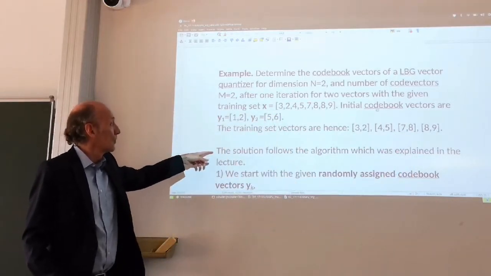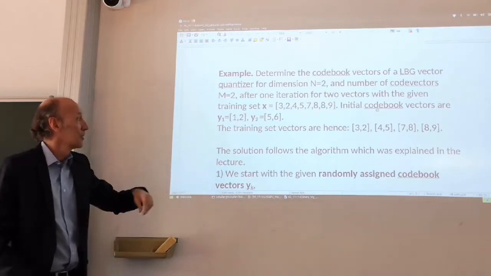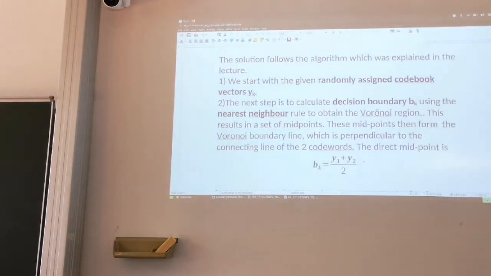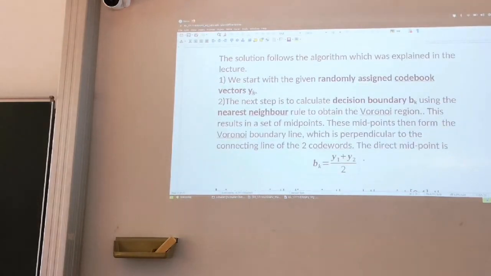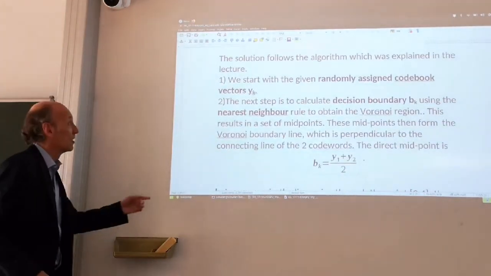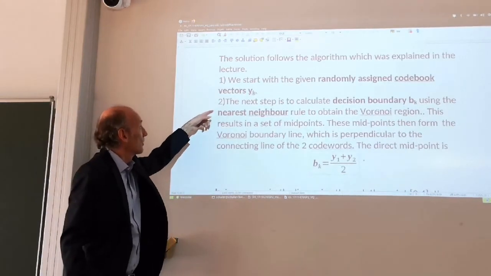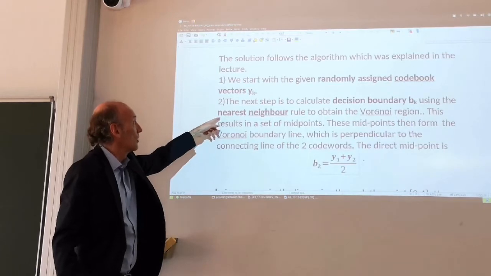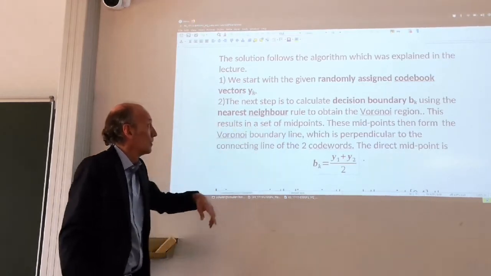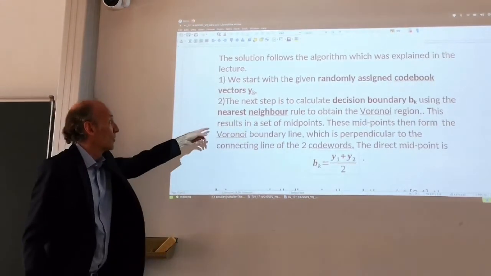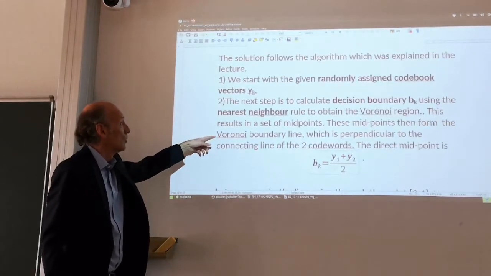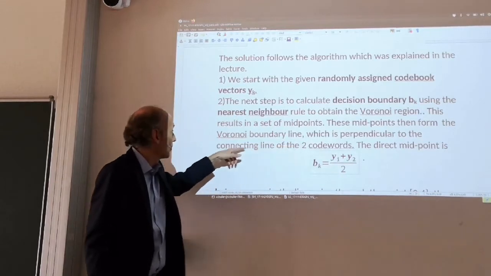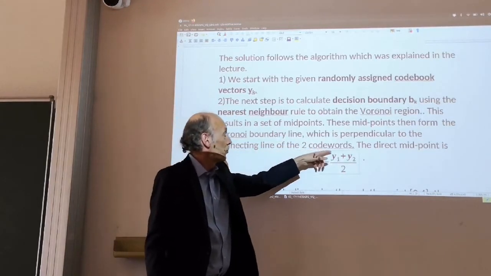And then the solution follows the algorithm, which was explained above, basically. So we already have our randomly assigned codebook vectors. The next step is to calculate the decision boundaries vk using the nearest neighbor rule. So this results in a set of midpoints, and these midpoints then form the Voronoi boundary line, which is perpendicular to the connecting line of the 2 codebooks.